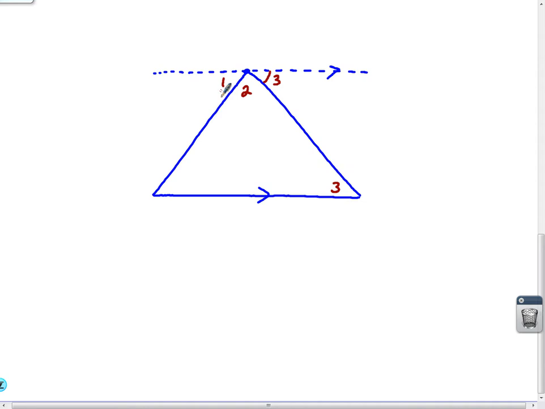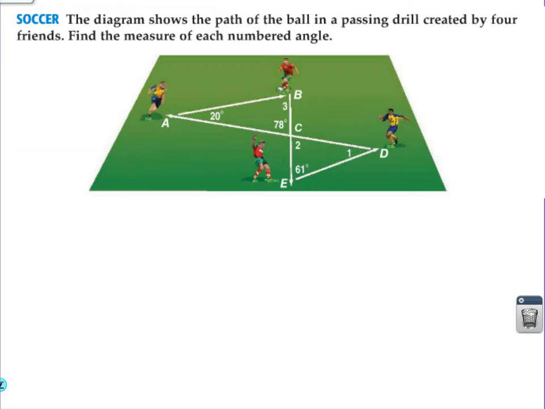What about this angle and this angle? Aren't those also the same? So didn't you say that angle 1, angle 2, and angle 3 added up to 180 here? Well, this is the same as angle 1. This is the same as angle 3, so would this angle 1, 2, and 3 not also add up to 180? That's the reason why. That's a proof that the three angles of a triangle will always add up to 180 degrees.